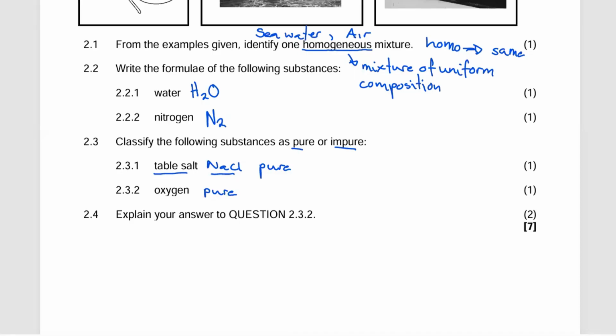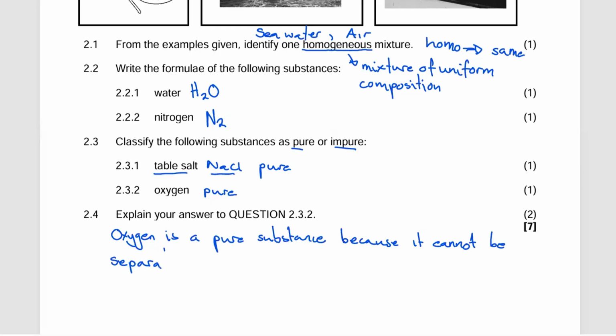Oxygen is a pure substance because it cannot be separated into simpler components by physical methods.